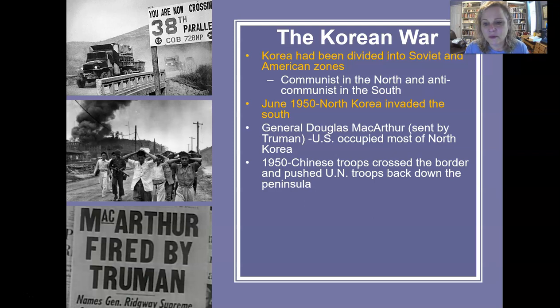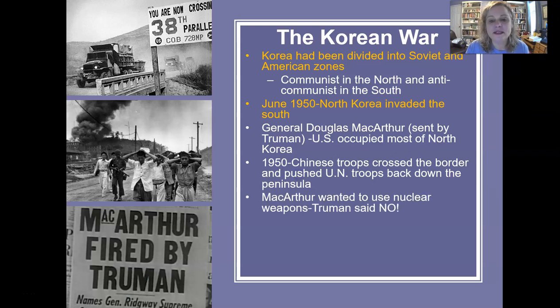Now, MacArthur wanted to use the nuclear bomb. He wanted to use the atomic bomb. Truman says no. This turns into a big battle between MacArthur and Truman, because MacArthur was outwardly critical, even in the newspapers and in the press, and so Truman fires him.